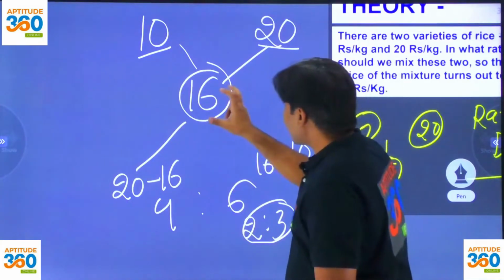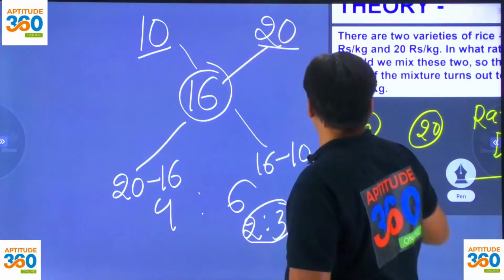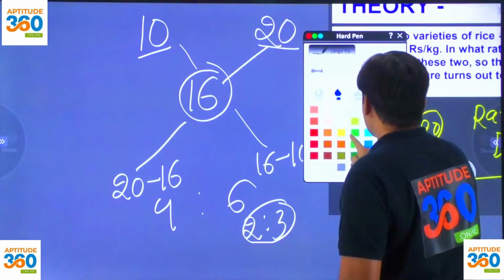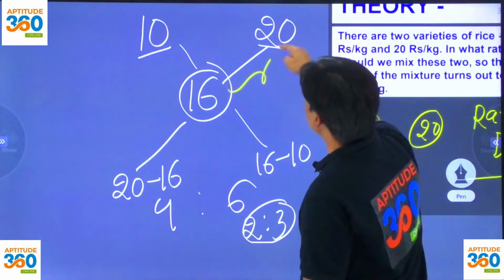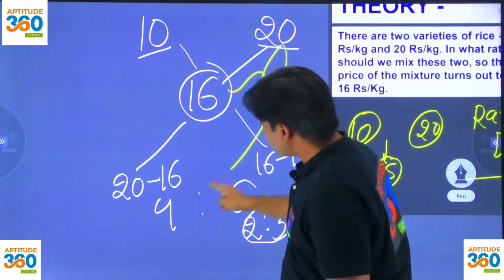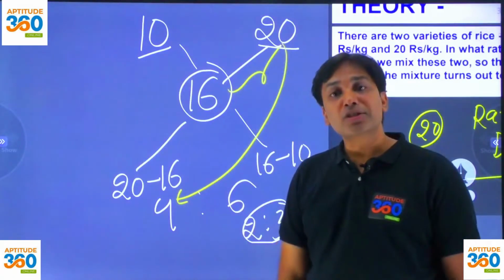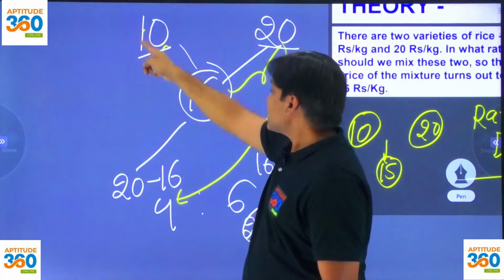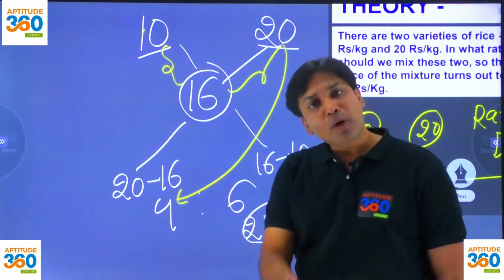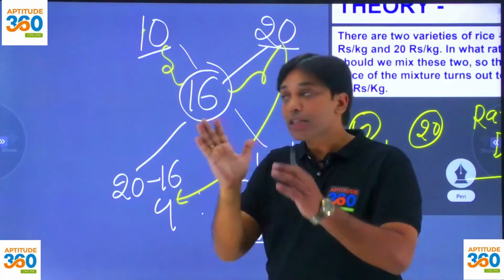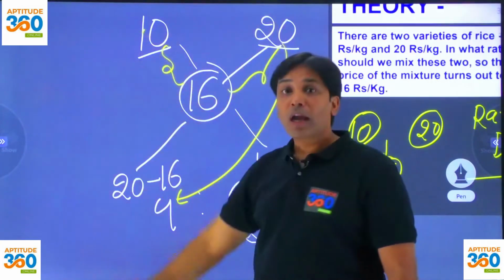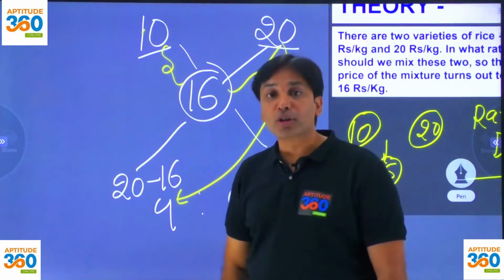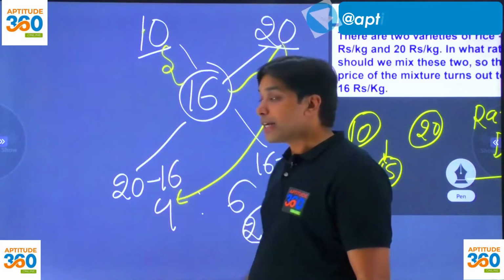And if this is the case, you also understand that the distance between these two talks about how much the first variety should be mixed, and the distance between these two talks about how much the second variety should be mixed. So you do it like this, and your work is done. That is the alligation formula. Understand it with common sense, which is more important than memorizing this formula.